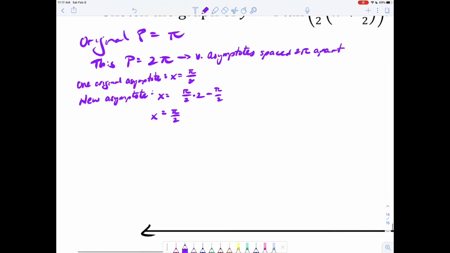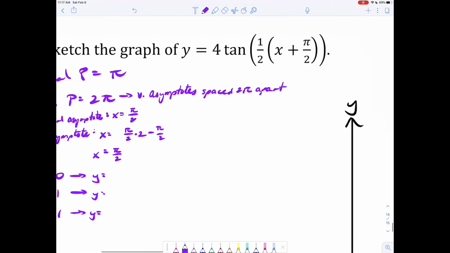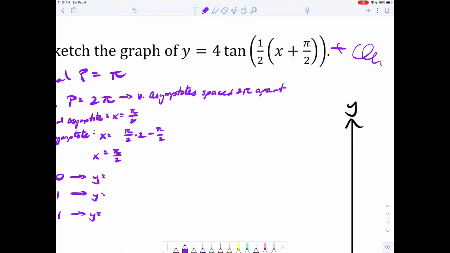Other transformations, we look at what happens when y was equal to 0, when y was equal to 1, and when y was equal to negative 1, what happens to those? And for our vertical transformations, there's no plus anything here.